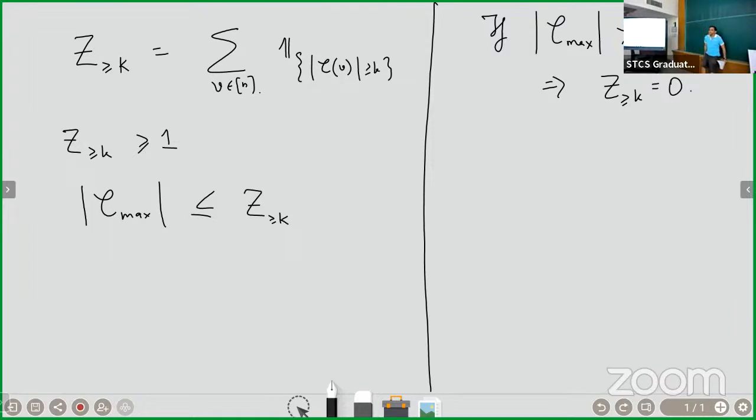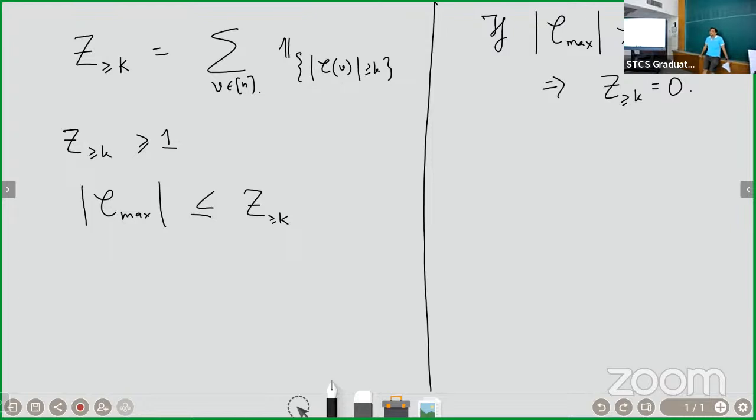So if C max is greater than Z greater than or equal to k, then k should be strictly greater than C max. What is the relation between k and C max? But what would you gain by connecting C max with k?